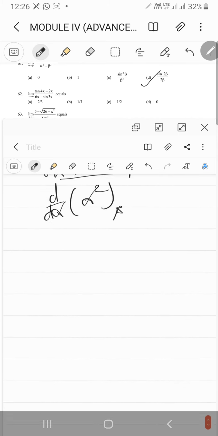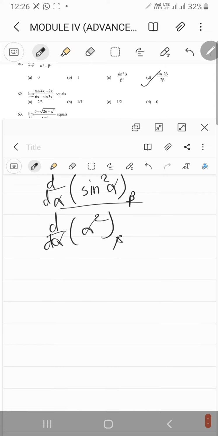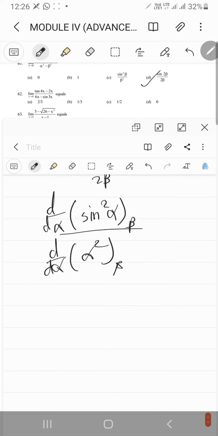Limit x tends to 0 of, so is this the same thing, yeah, 2 sine alpha cosine alpha. Yes, it's the same thing, right? Next question. Limit x tends to 0. Okay, wait, if this is the same thing, yeah, this is obviously going to work.